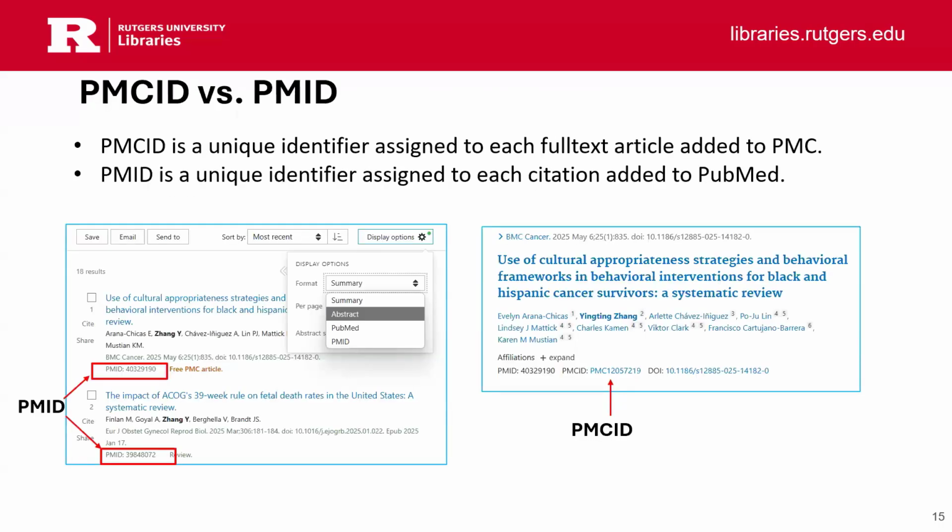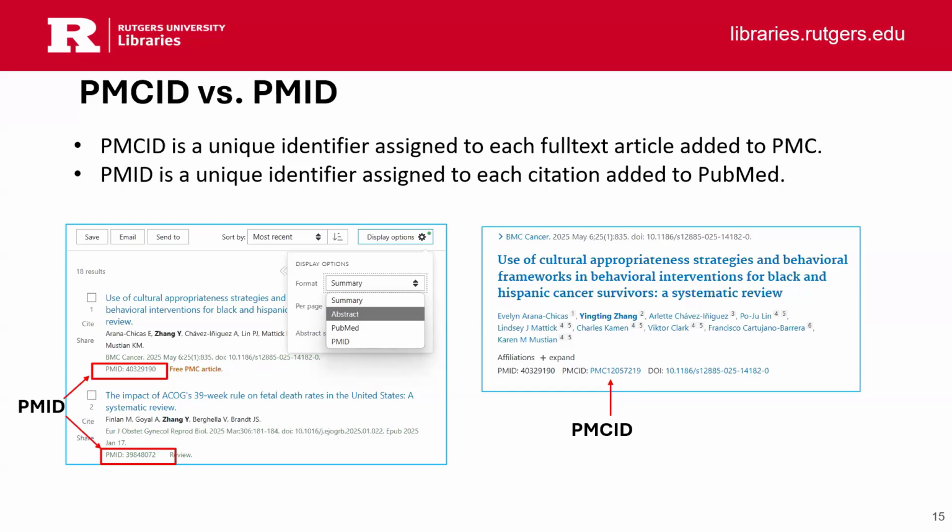I just mentioned that you must include the PMC ID when citing an applicable reference. Please do not confuse the PMC ID with the PMID. The PMC ID, as I mentioned, is a unique reference number for the full text article that has been added to PubMed Central, while the PMID is a unique identifier assigned to each citation when it's added to the PubMed database.